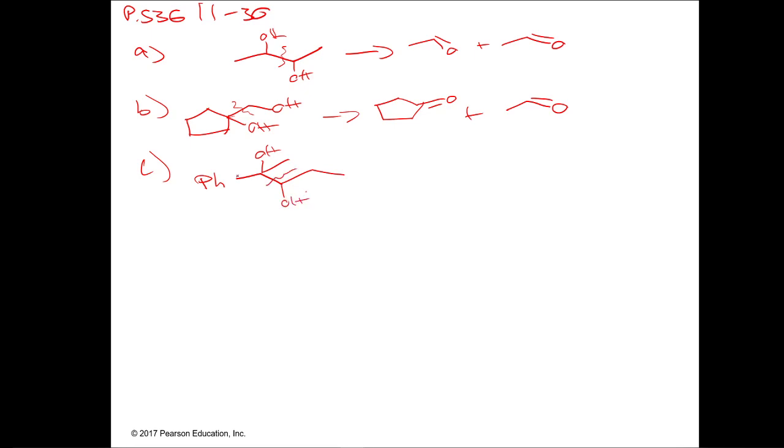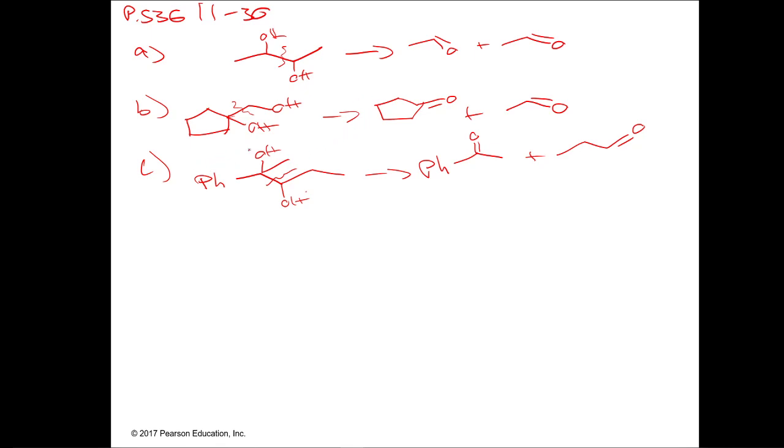And once again, we're splitting here. So I've got phenyl attached to a carbon and another carbon. That's a ketone. Okay, so that's 1, 2, 3, 1, 2, 3. That becomes a ketone here. I'm going to get an aldehyde with 3 carbons. So that's if you draw it out and count the carbons.